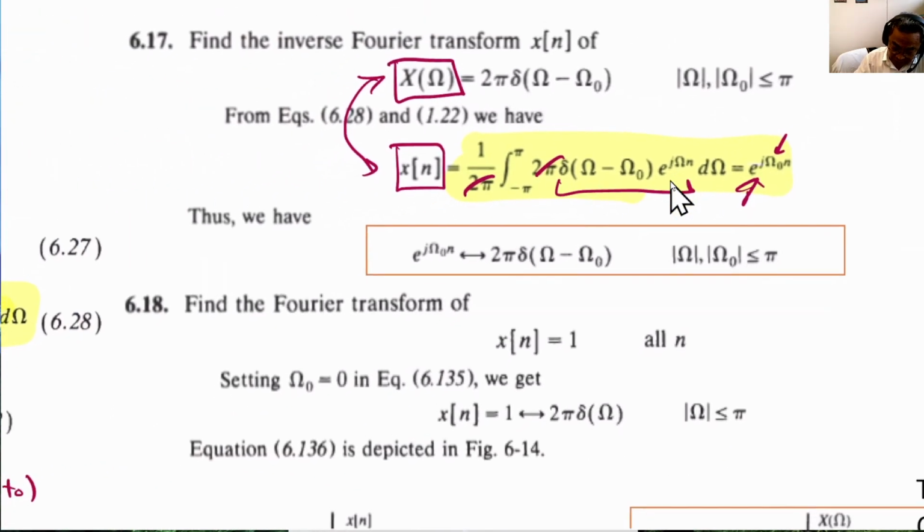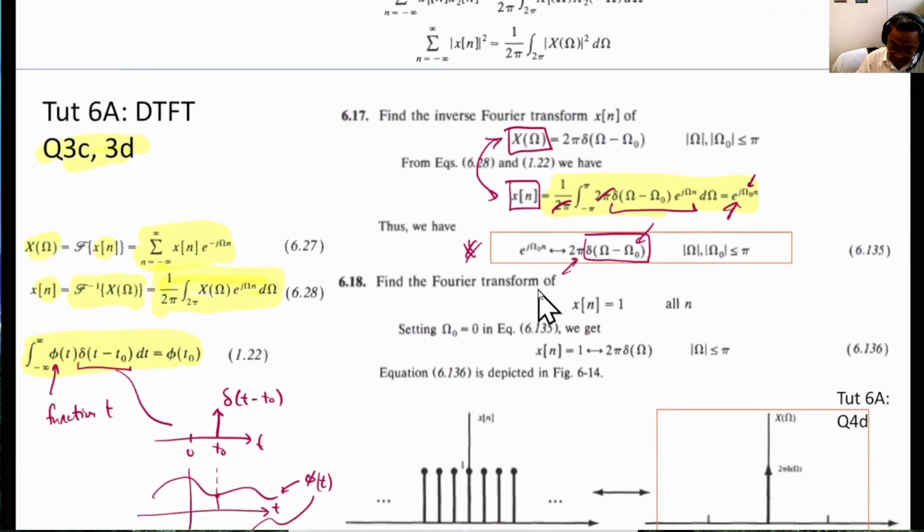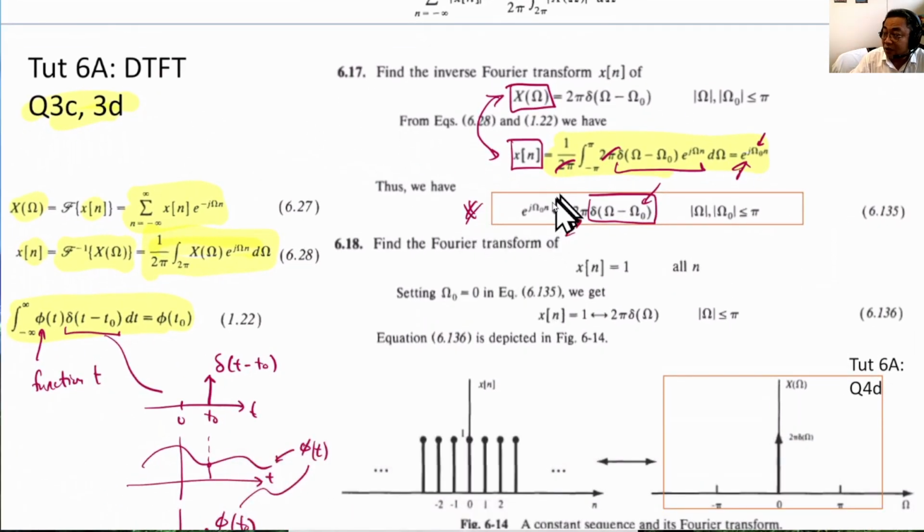What it means is that for a complex exponential rotating at omega naught, its Fourier transform is a delta function at omega naught multiplied by 2 pi. So this is the DTFT of e to the j omega naught n.